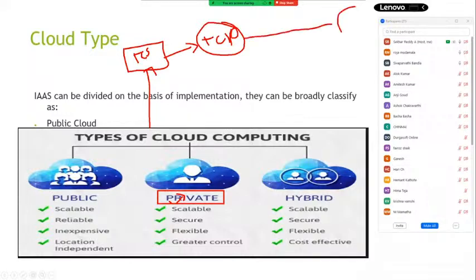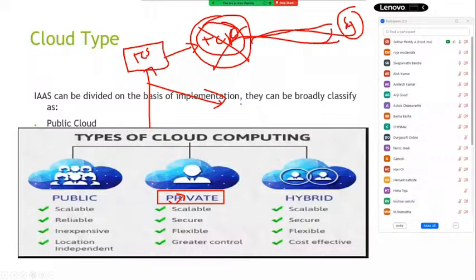Then it will establish a connection to the client network, and we will be able to access all client-related applications and other services. The moment you disconnect the VPN or come out of the organization, will we be able to communicate from our local home network? No. Am I right? That is private network.